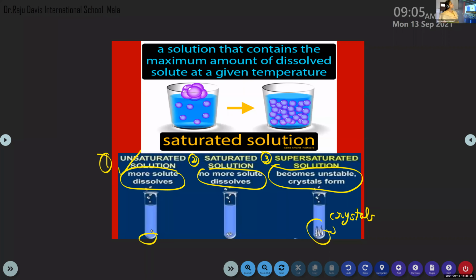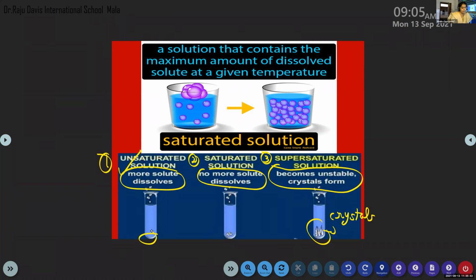A solution that contains the maximum amount of dissolved solute at a given temperature, that is known as the saturated solution. Actually, in chemistry, we use saturated solution for making electricity.